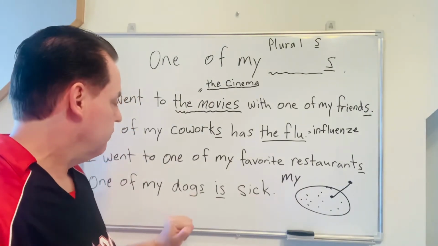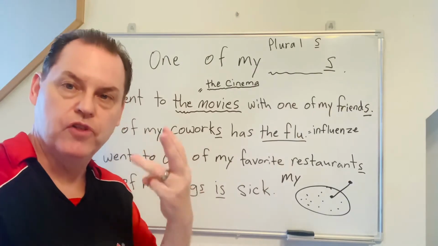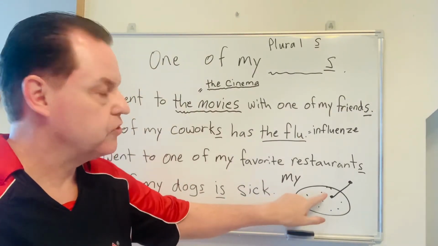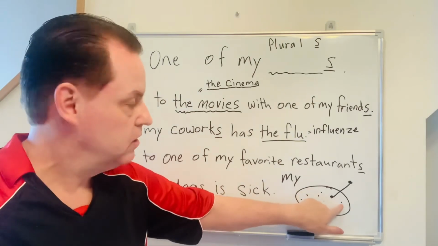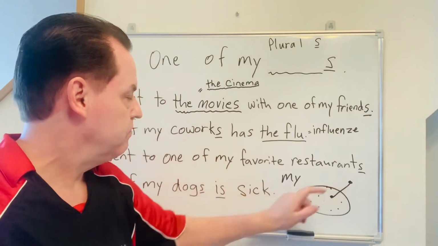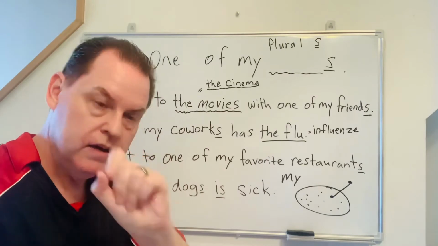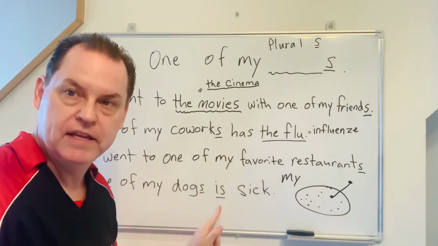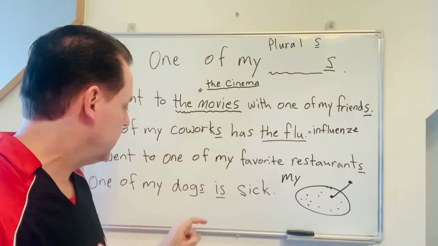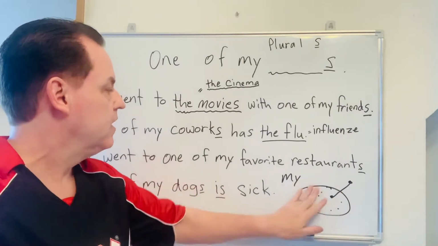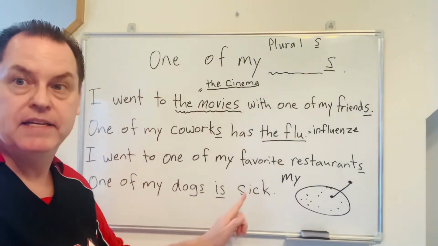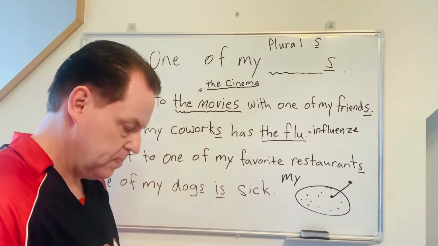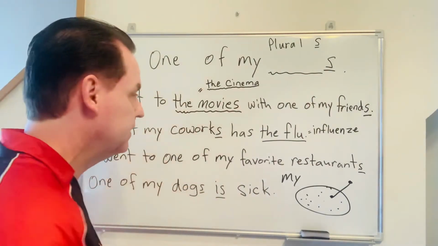Maybe I have 2 or 3 or 4 dogs. One of them, because it's one, we use is. Don't use are, because one of my dogs is sick. Okay? Let's do a few more like this.